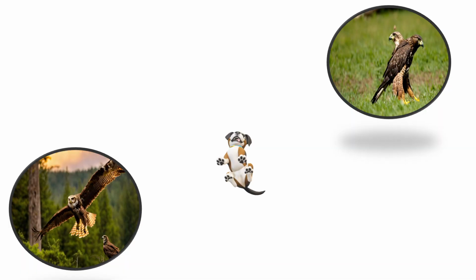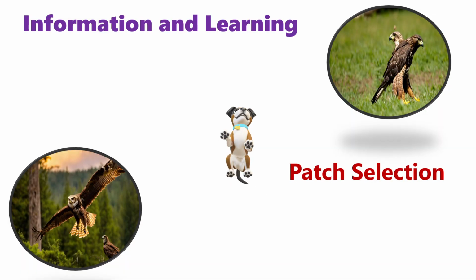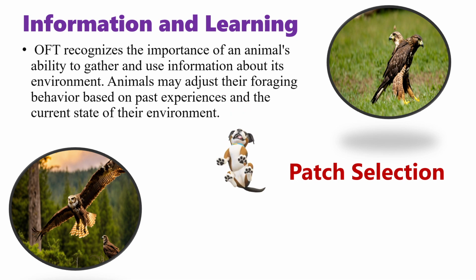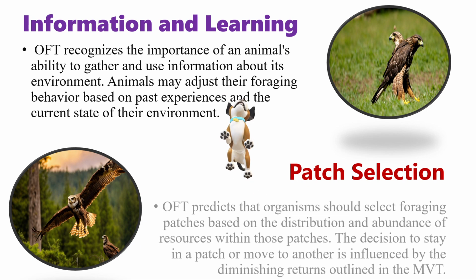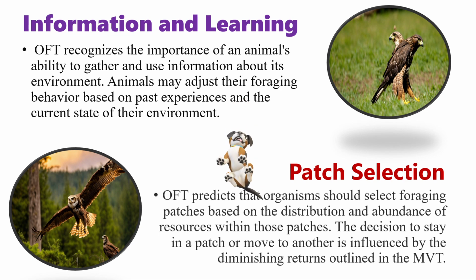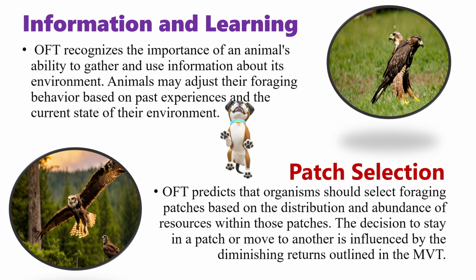Next point is informational learning and patch selection. Optimal foraging theory recognizes the importance of animals' ability to gather and use information about their environment. It needs some prior knowledge to forage in a particular area, so that it can adjust in that place or leave that place. That type of informational learning is needed to survive in one patch and to go for foraging.